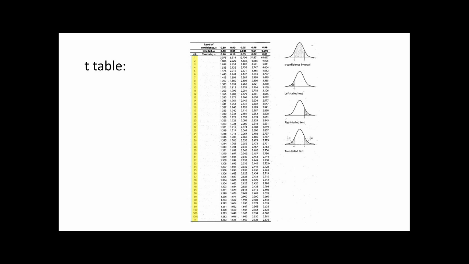For example, if you had a sample of 58 and could not find a t-table that included 57 degrees of freedom, you could use the row for 50 degrees of freedom from the t-table in your book. Also note that as your degrees of freedom gets bigger, the critical t-score gets closer and closer to the critical z-score for that level of confidence.